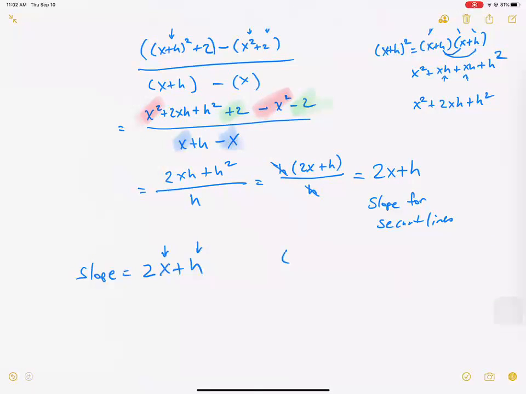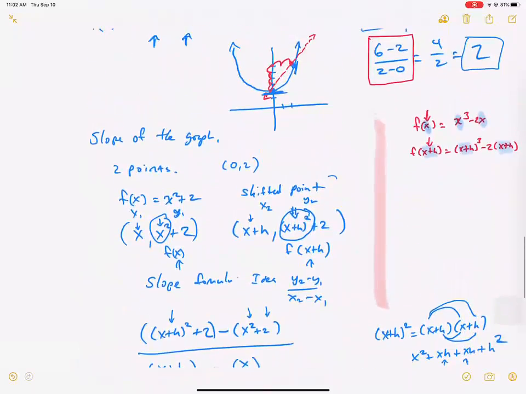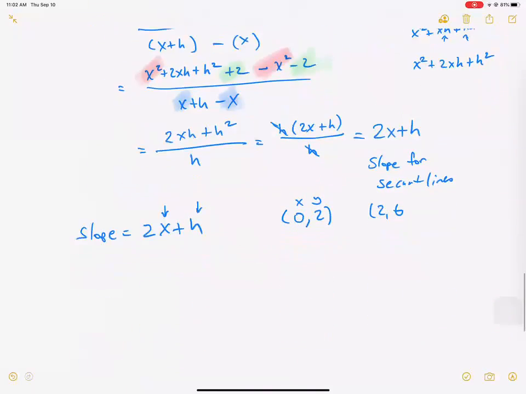So in our previous example, we start off at 0, 2. That's my x and y. And we went to the point 2, 6. That was right? 2, 6, yep. So this is from our previous example. To use this equation, we don't use x and y. I don't care about y. I just need your starting x value, which is 0.